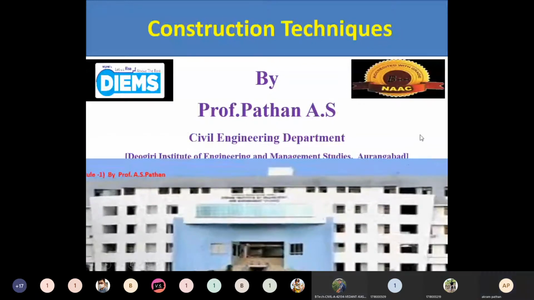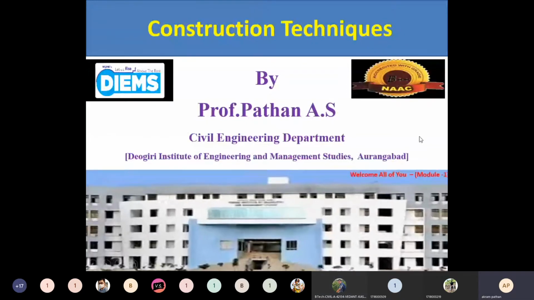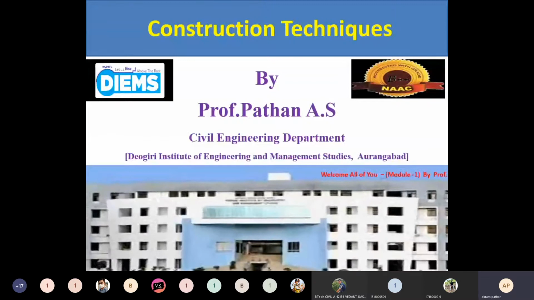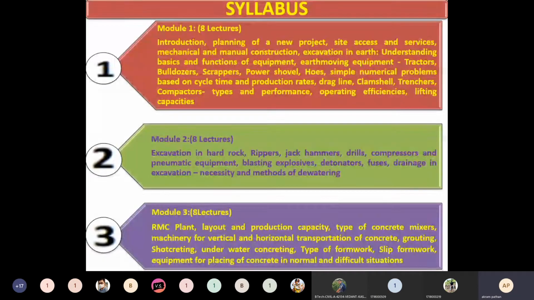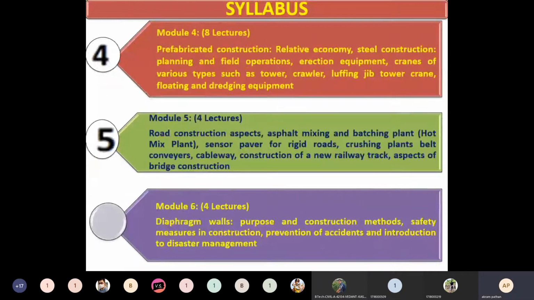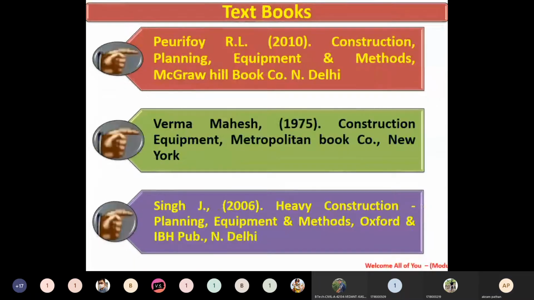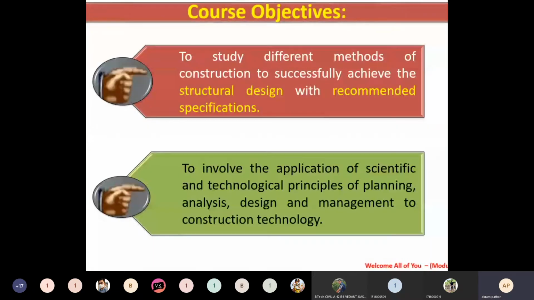Now, in the last lecture we were on the various construction techniques, right? We have seen that the syllabus has 6 modules. We have a good textbook and reference books.